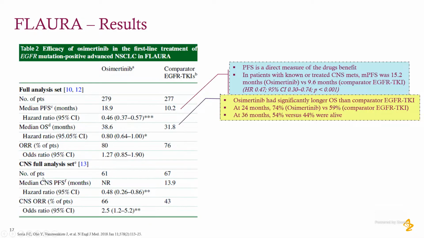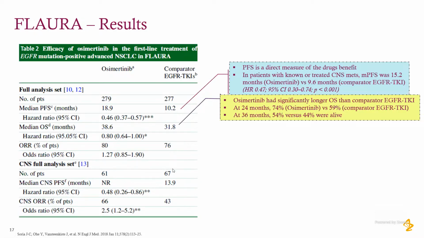In the CNS full analysis set, there were comparable numbers, 61 versus 67 patients, but the median PFS is not yet reached in the osimertinib arm, whereas the first generation TKI arm had almost 14 months.